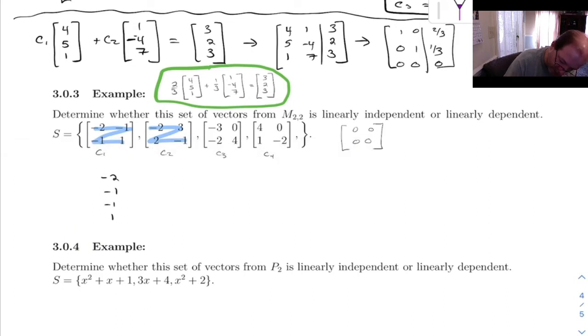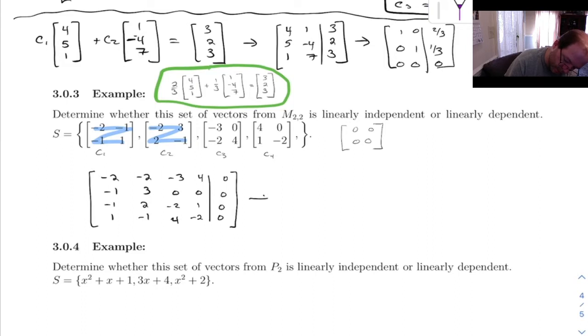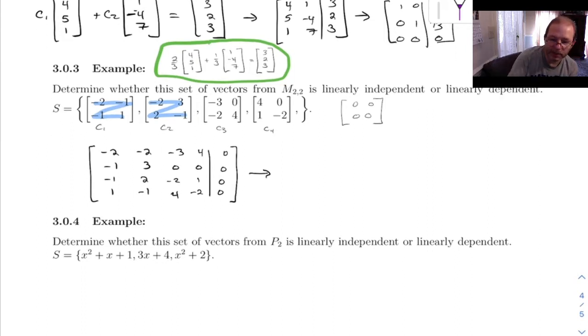Then for my C2 column, I get -2, 3, 2, 1, -1, -3, 0, -2, 4, then 4, 0, 1, -2, like this. And then I just have to row reduce this.